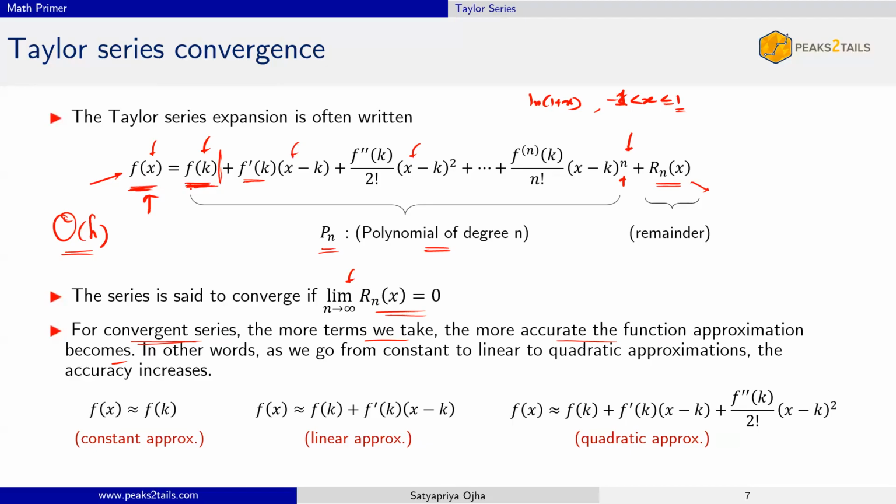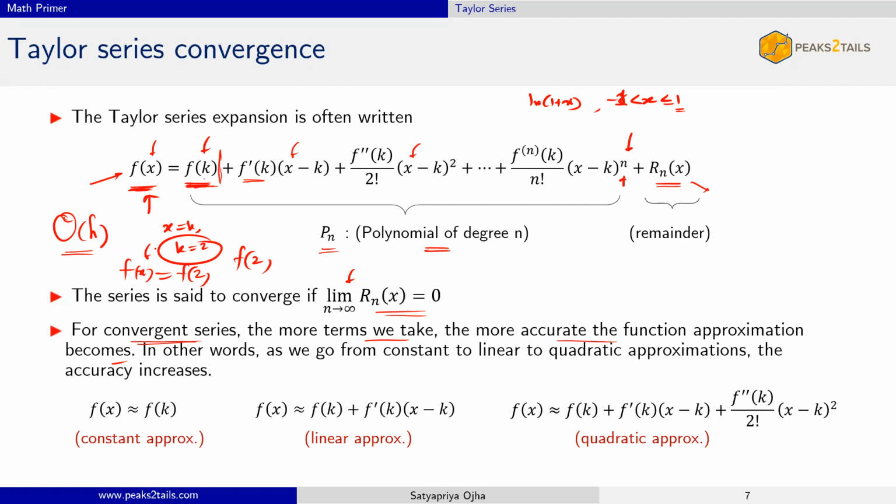So you fix k. You expand this series around x equal to k. Let's say k equals 2, for example. So the first term would be f of 2. I'm saying f of x equals f of 2. If I only take the first term, it will be f of x equals f of 2, which is ridiculous. That means you're saying f of 5 equals f of 2, f of 3 equals f of 2, f of minus 16 equals f of 2, right?